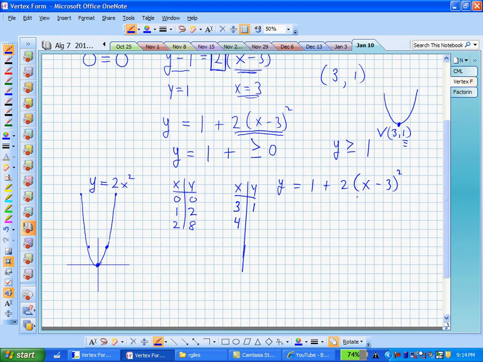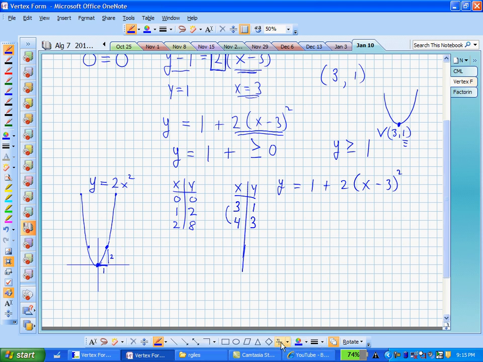When we plug in 4, 4 minus 3 is 1. 1 is squared to make 1. That value 1 gets multiplied by 2 to make 2. We add 1 and we get 3. So what happened? We moved over 1 in the x direction and we went up 2, which is exactly what happened over here when we went over 1 and went up 2.